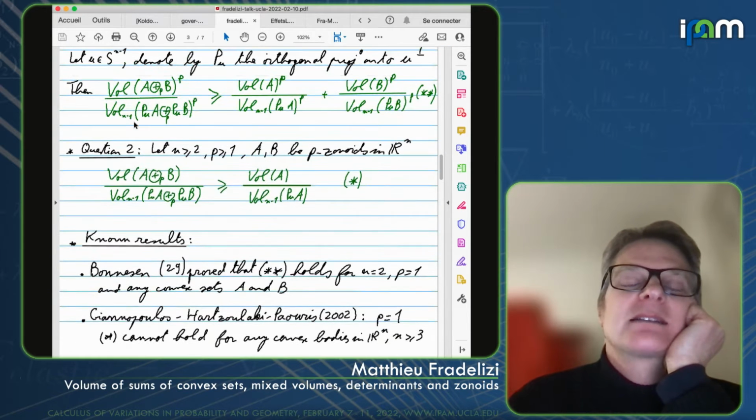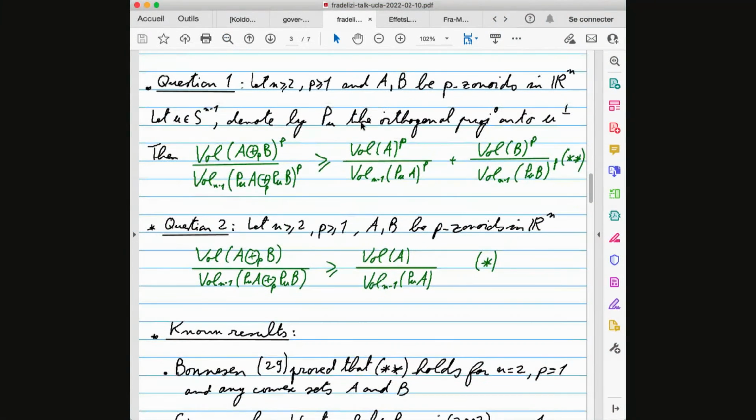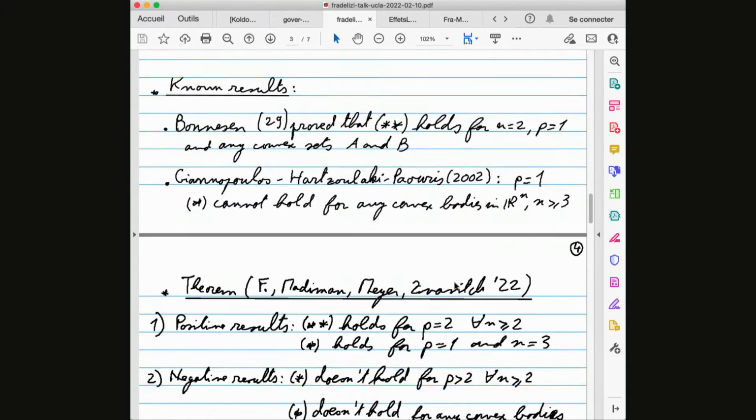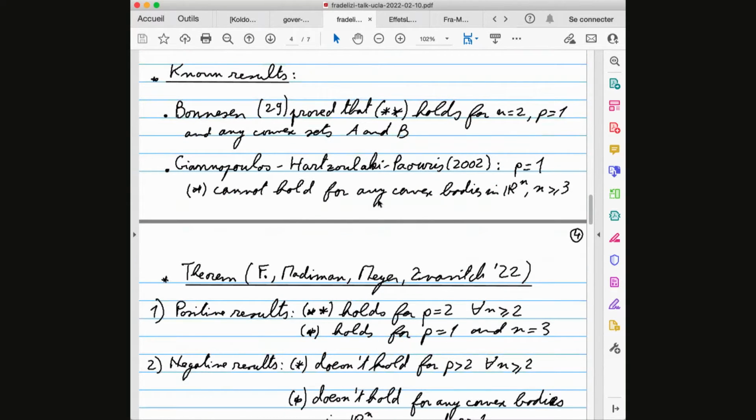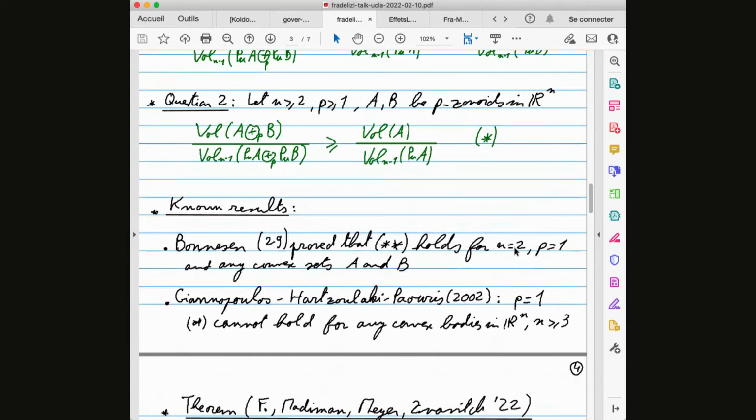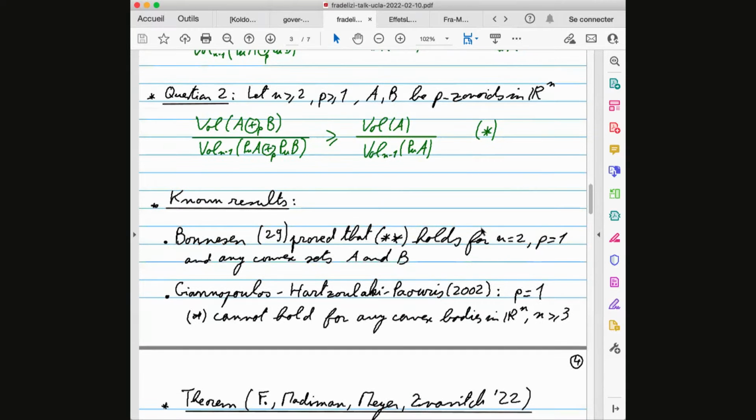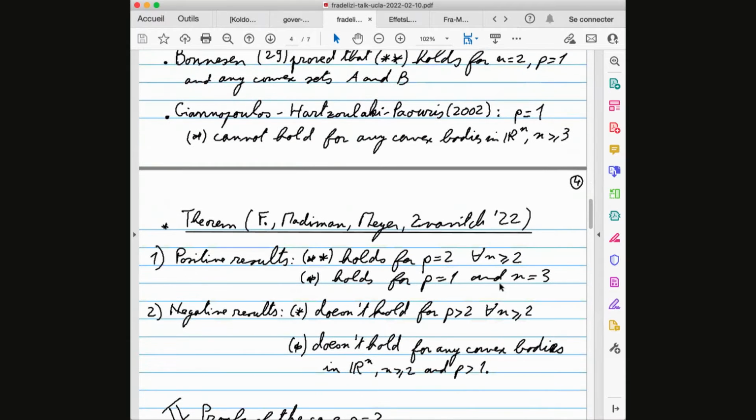Coming back to star, this is true for two zonoids A and B, with the 2-sum and power 2, in any dimension. Also, 1 star is true for p equals 1 and n equals 3. So far we cannot get outside dimension 3, so we can prove this only in dimension 3 and only for p equals 1, so for usual zonoids.